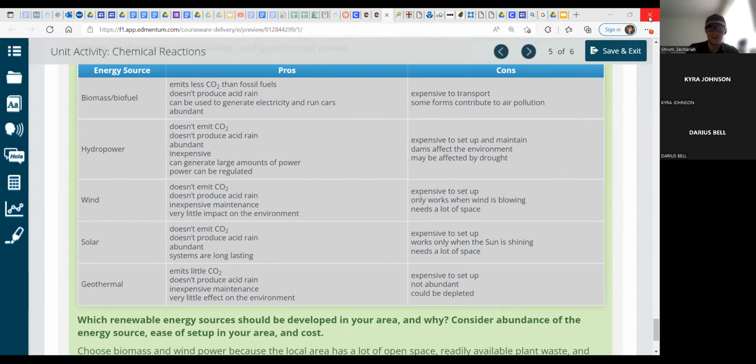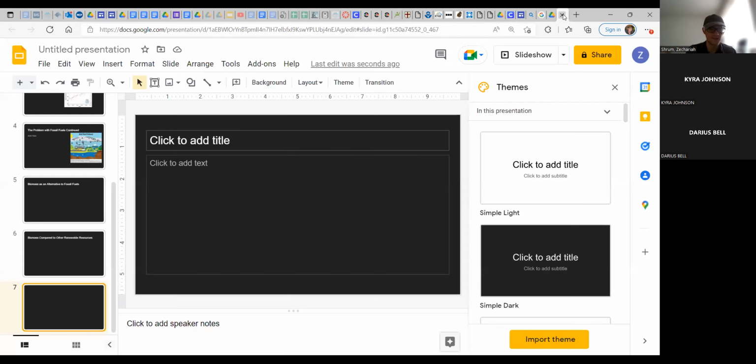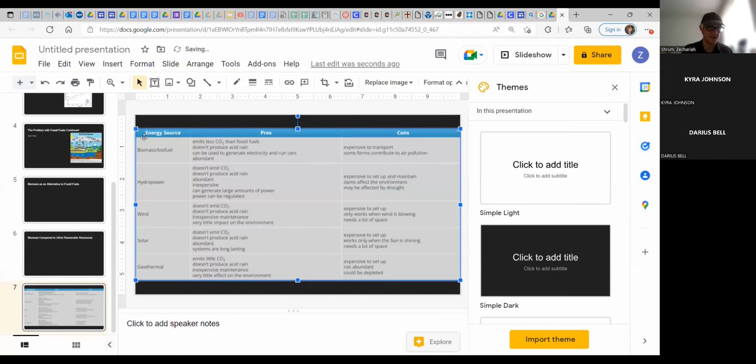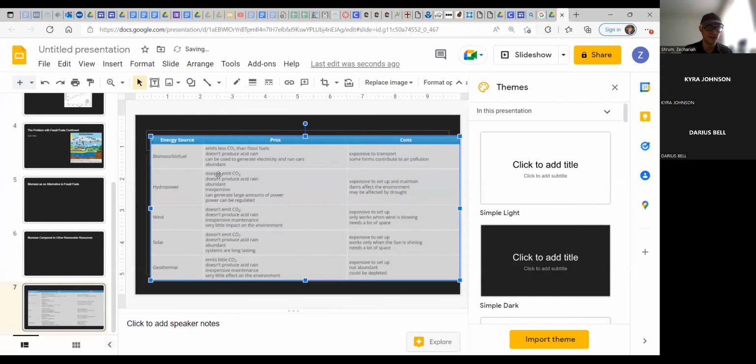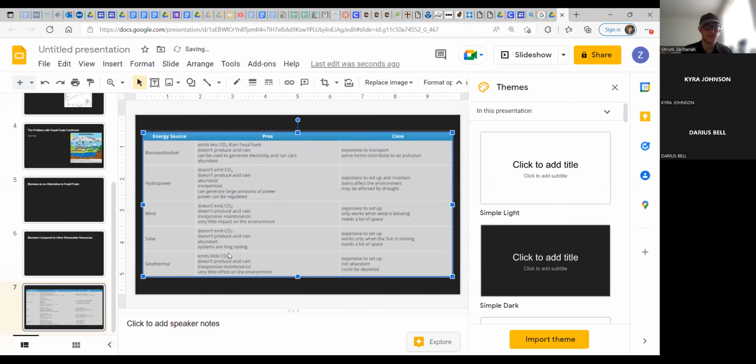I'm just going to use the examples from the presentation here. Then copy. There you go. Cool. So yours won't look exactly like this, but pretty similar. Just sort of position it so it's readable. But you want to have something about the energy source, what's good about it, what's not so great about it.